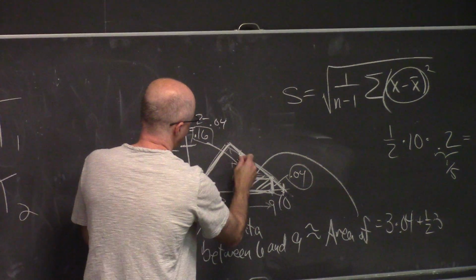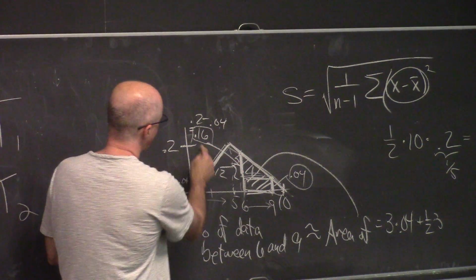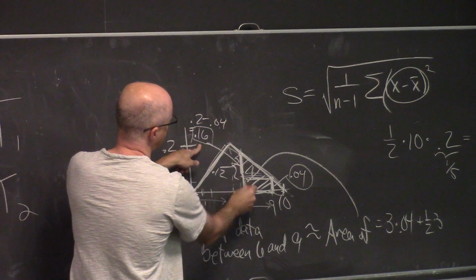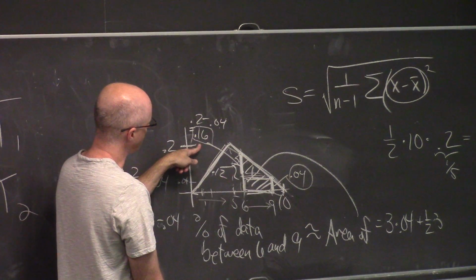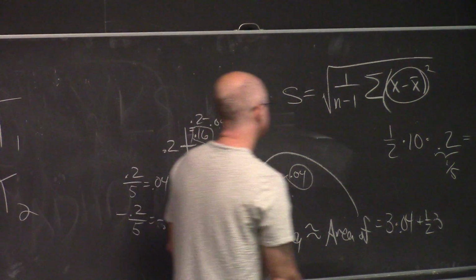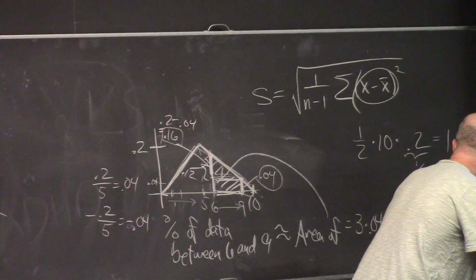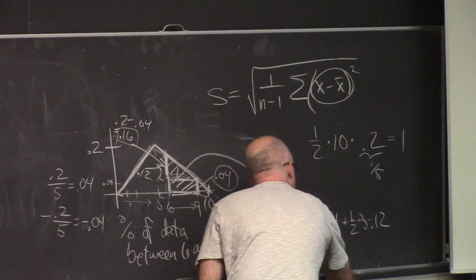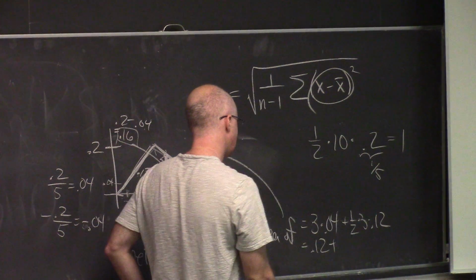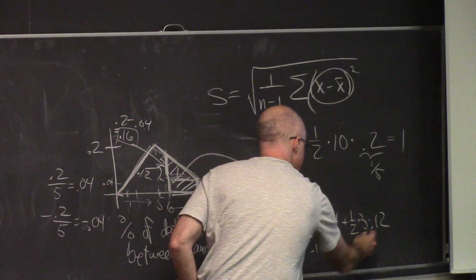This height right there is 0.12, in fact. This 0.16 refers to the entire height. The 0.12 refers to this part of it. You know, it's not real clear from the picture. So 1/2 times 3 times 0.12. That's going to be the area of that triangle. If you do this, you get 0.12 plus what? 1/2 times 0.12 is 0.06 times 3 is 0.18, total 0.3.